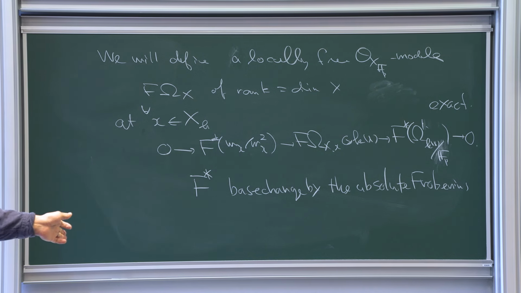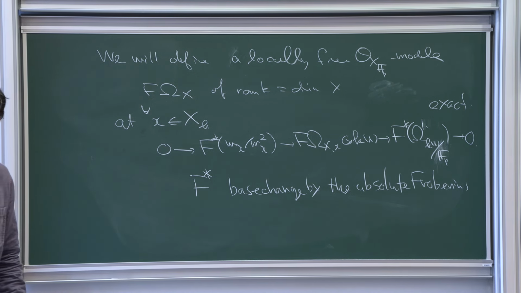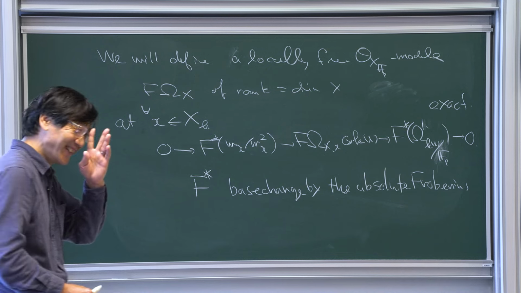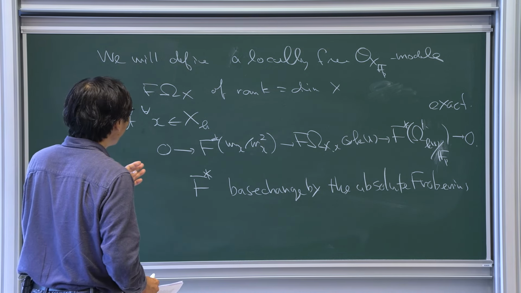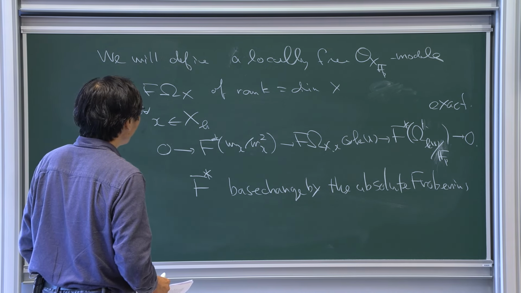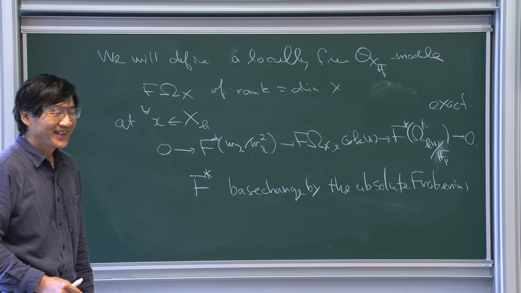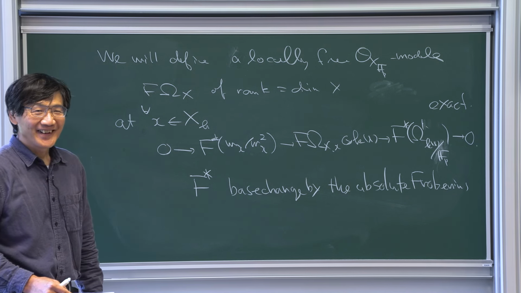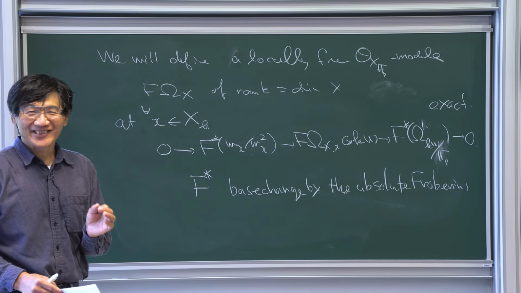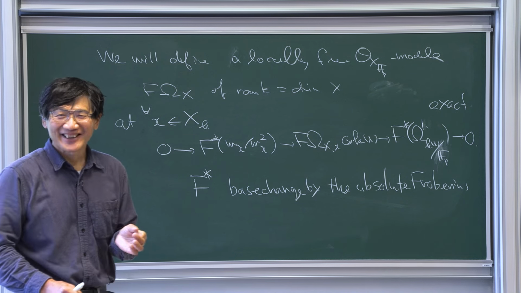But when you say the rank is equal to the dimension of X... Yeah, that's okay. 0 is a vector bundle of rank 0. Over the empty set, the rank can be anything.